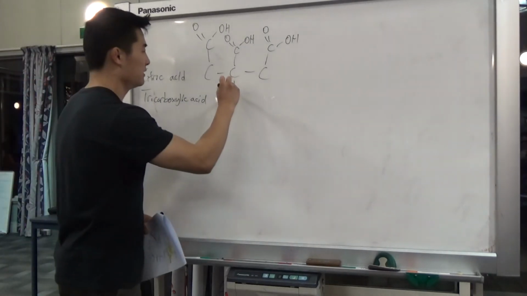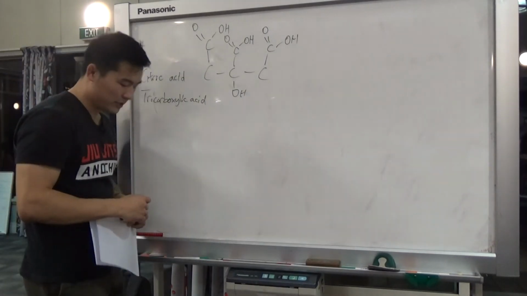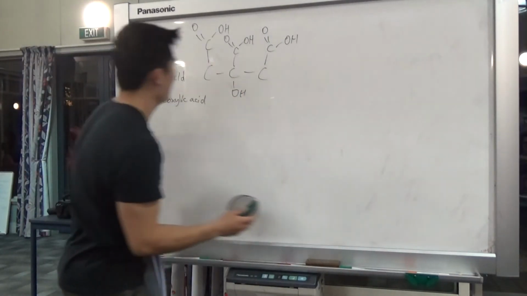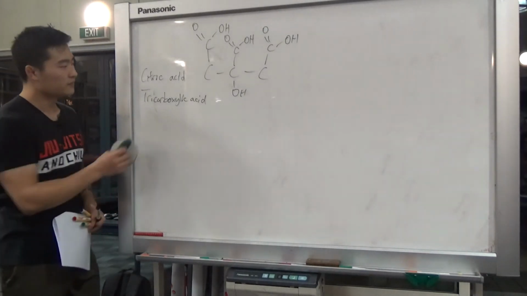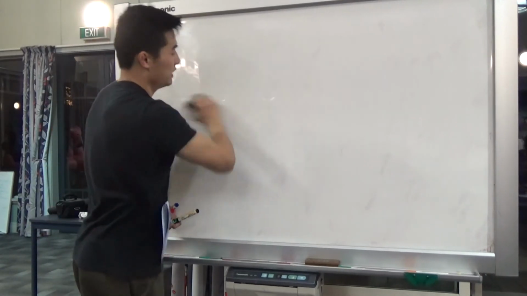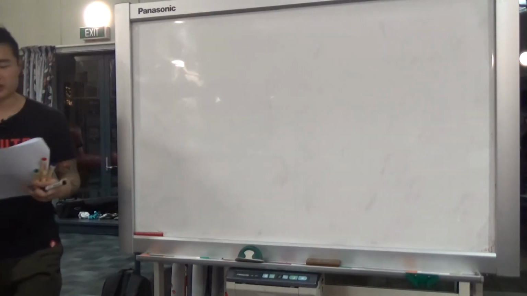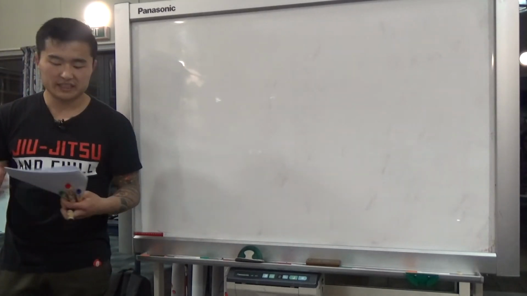And there's also a hydroxyl group here. But that's just why it's called tricarboxylic acid. So it can also be called the tricarboxylic acid cycle, or TCA. But that's not too important. I just wanted to show that because some people got confused why it's called the TCA cycle.